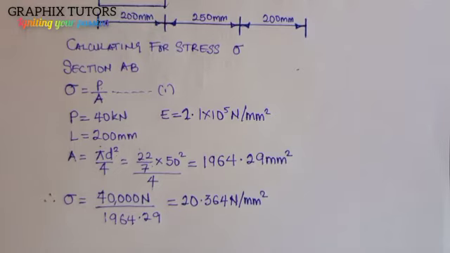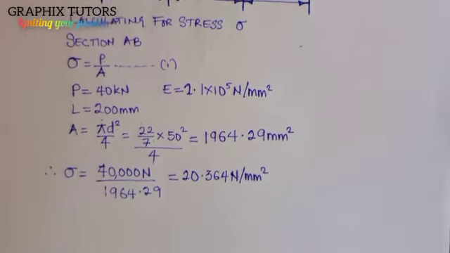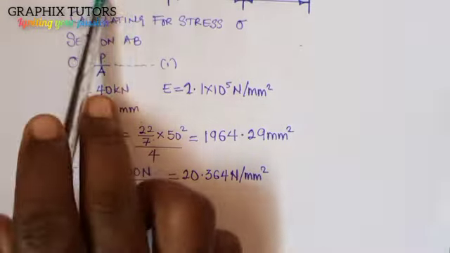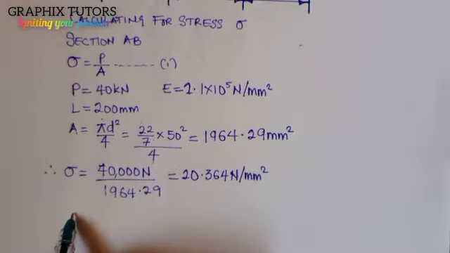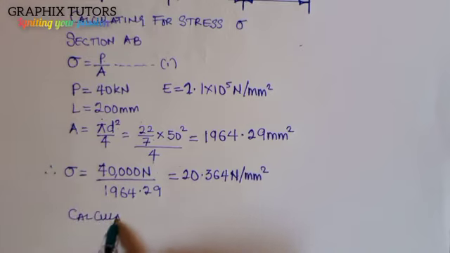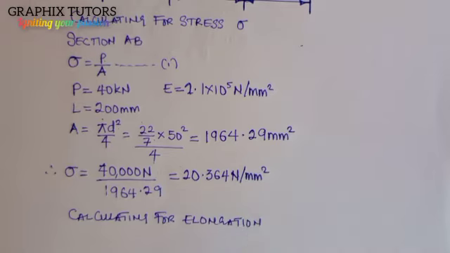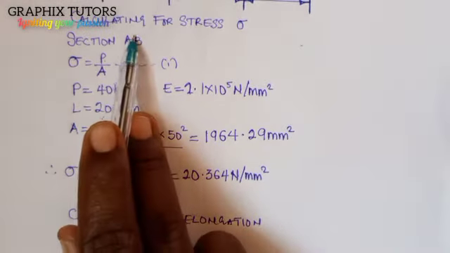So we want to calculate the total change of bar AB. The change means calculating for elongation, right? Elongation, we are dealing with section AB, don't forget that.